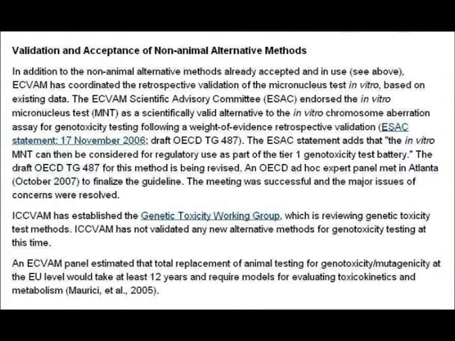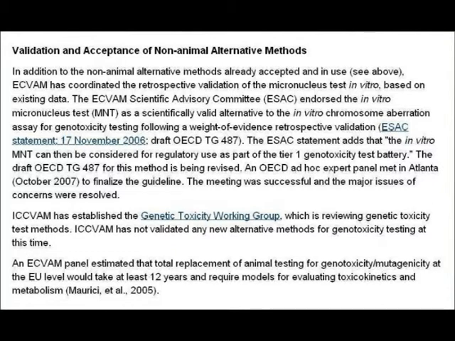The second paragraph reads, the Interagency Coordinating Committee on the Validation Alternative Methods, that's the US Validation Center, has established the Genetic Toxicity Working Group, which is reviewing genetic toxicity test methods. The ICCVAM, could call it ICVAM for short, has not validated any new alternative methods for genotoxicity testing at this time.